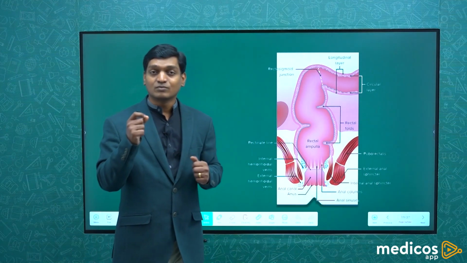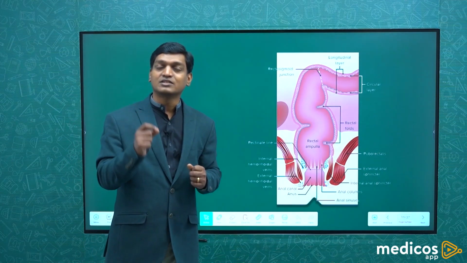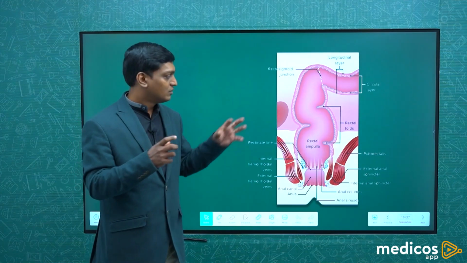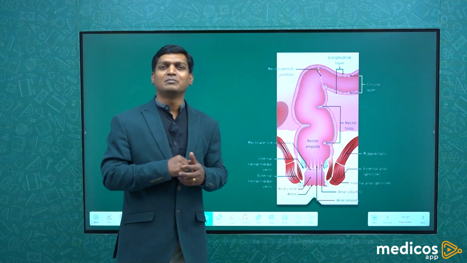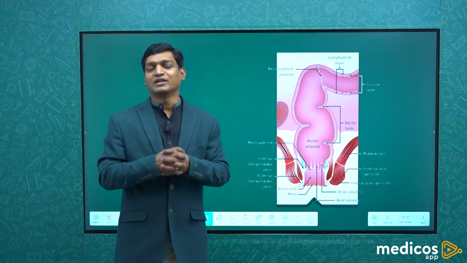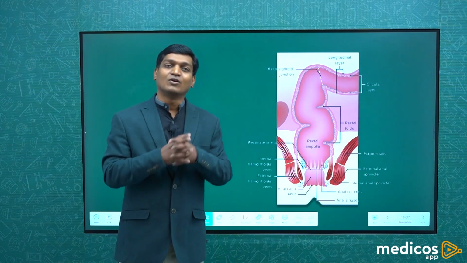You need to know what is the white line of Hilton, pectinate line, what is the embryological significance of that pectinate line. So you have to know the interior of rectum as well as anal canal, and their blood supply is highly important, because the portocaval anastomosis is going to take place. So you should know where all it happens.